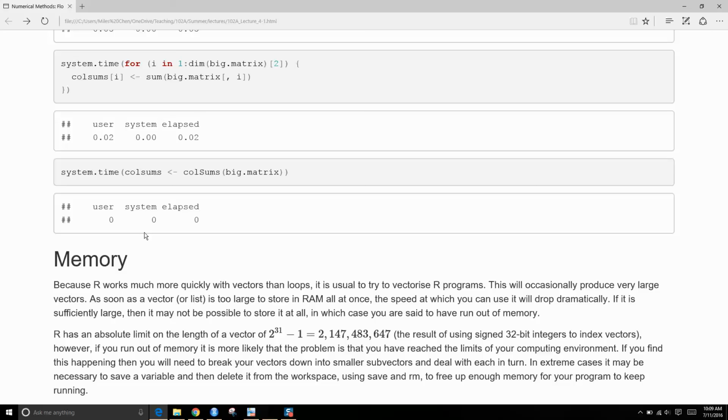You probably won't run into issues with memory, but you could if you're dealing with a giant data set, on the order of several gigabytes in size. You could start to run into memory issues, and so you might have to start chunking out your operations into smaller pieces.